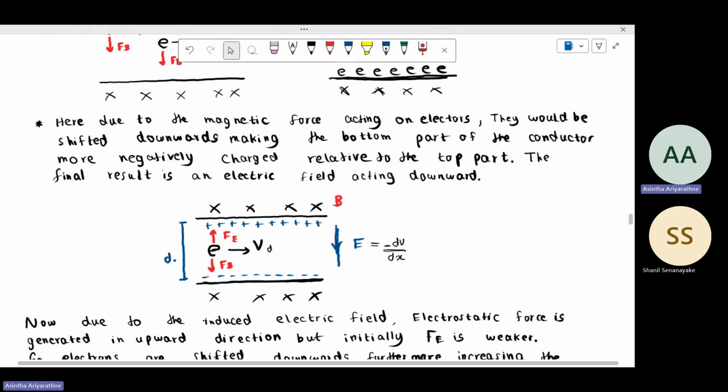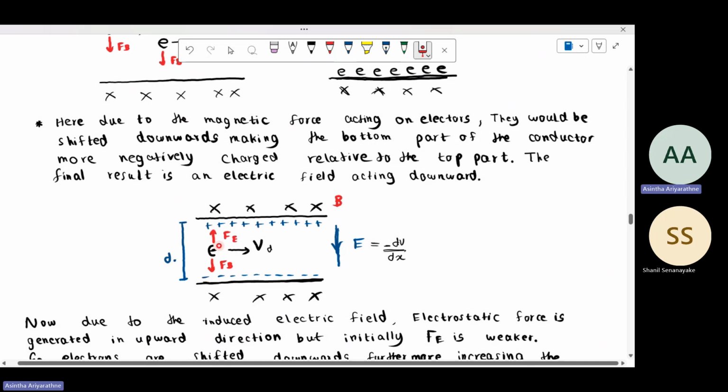So there would be an electrostatic force acting upward, whereas previously there was a magnetic force acting downward.